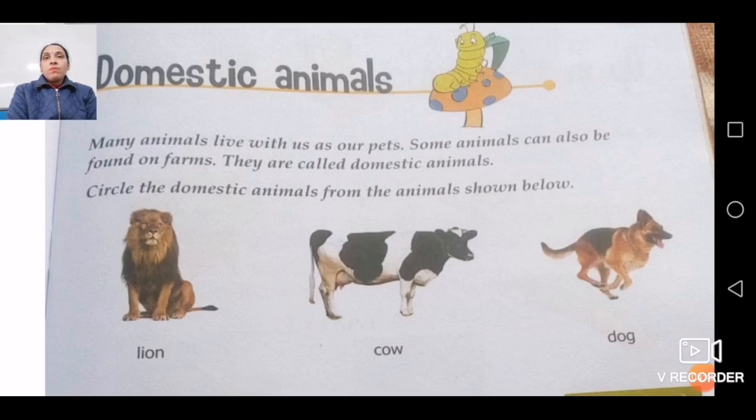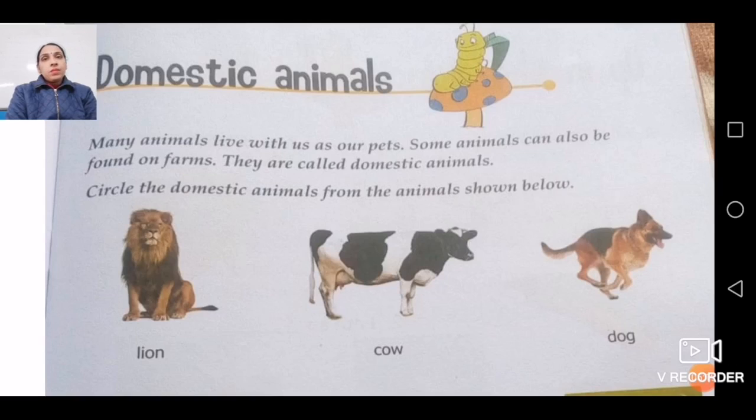For example, if we take the example of a cow, from the cow we get milk, and from milk we make many milk products. So that is your domestic animal. Again, sheep: from sheep we get wool, and from wool we make many winter clothes. And pet animals are those who are friendly to us, who live with us and serve as a friend.